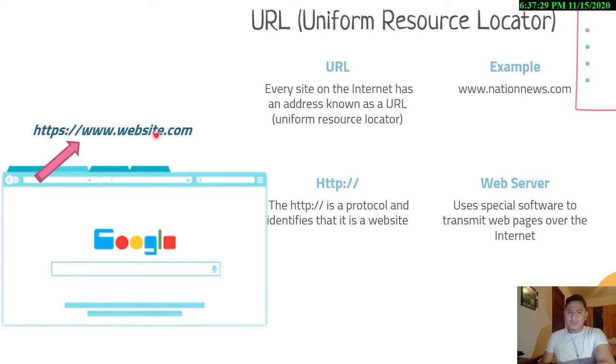However, most web browsers do not require you to type the HTTPS. Some web browsers do, but more than likely the web browsers that we're using today do not require it. So whenever you want to access Facebook, you don't have to type https://facebook.com. You can simply type facebook.com and it will take you to the website.